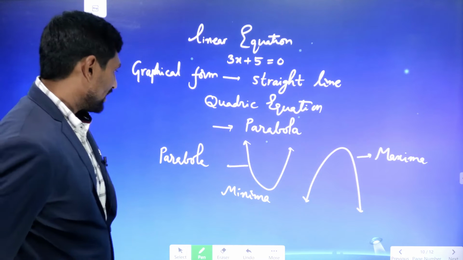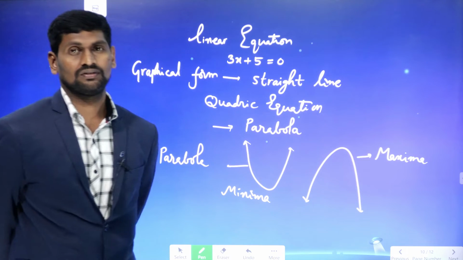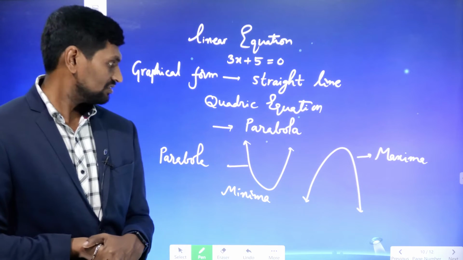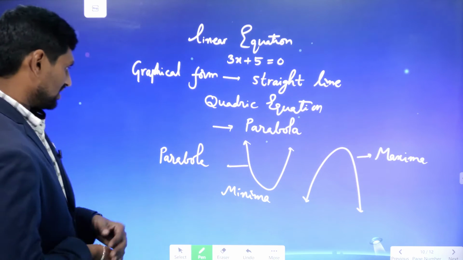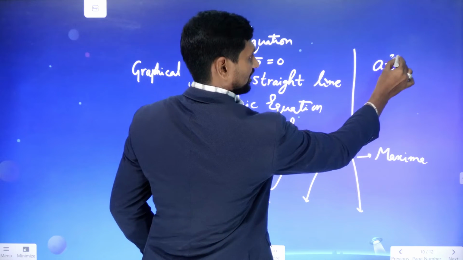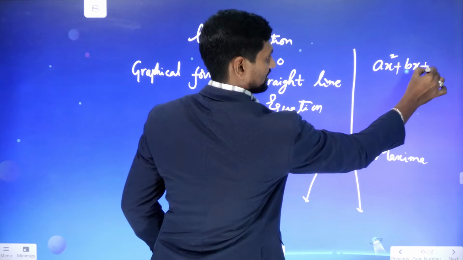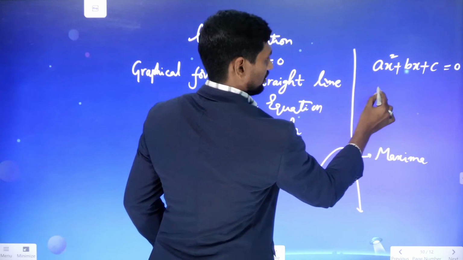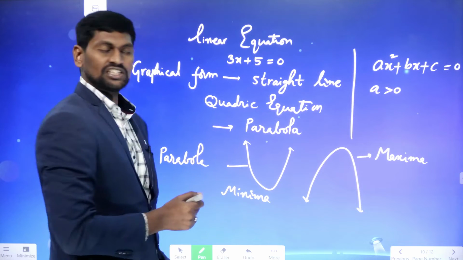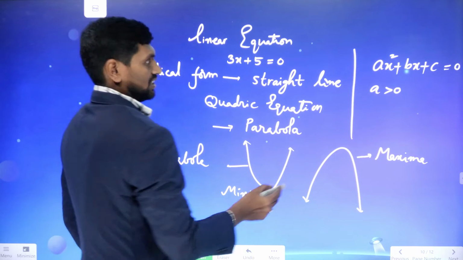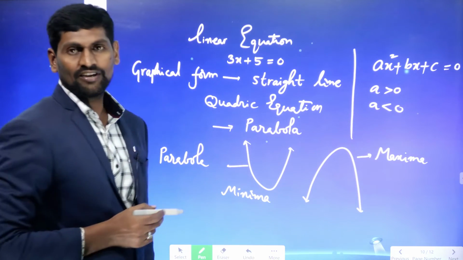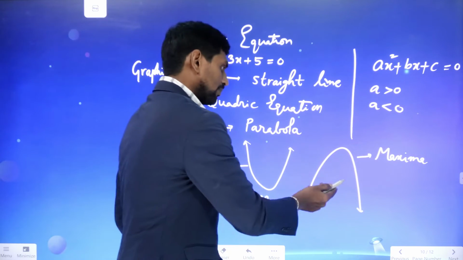Sir, when will these shapes form? Can you identify any difference in the quadratic equation? The general form of the quadratic equation is ax square plus bx plus c equal to 0, where a greater than 0 will give the first shape, minima. If a value is less than 0, it is in the shape of maxima.